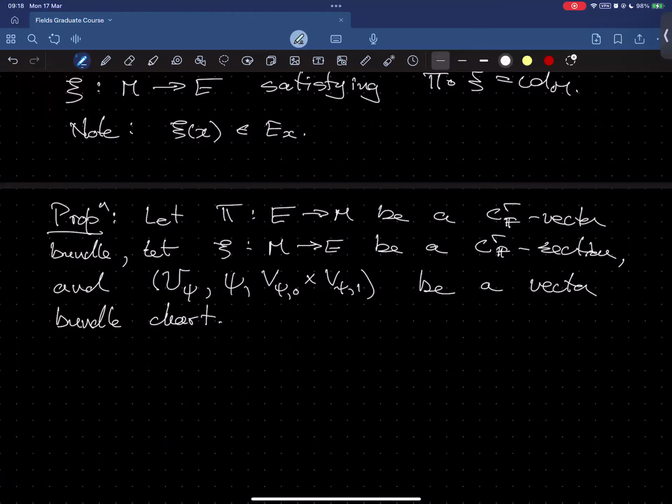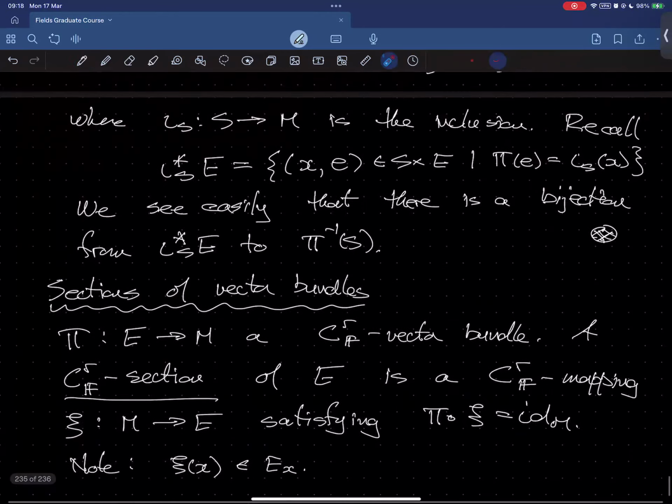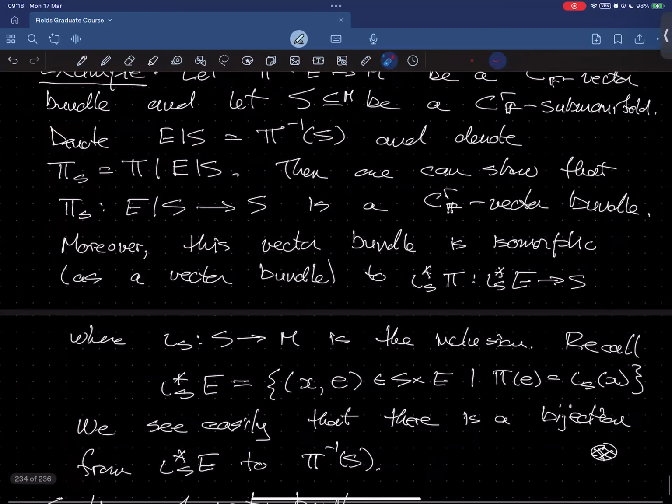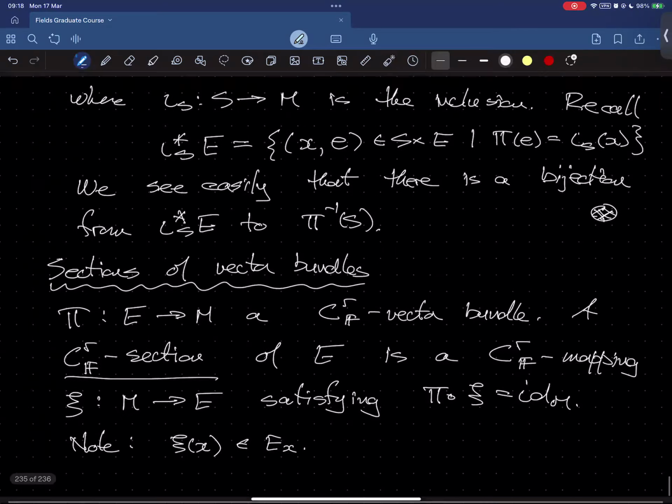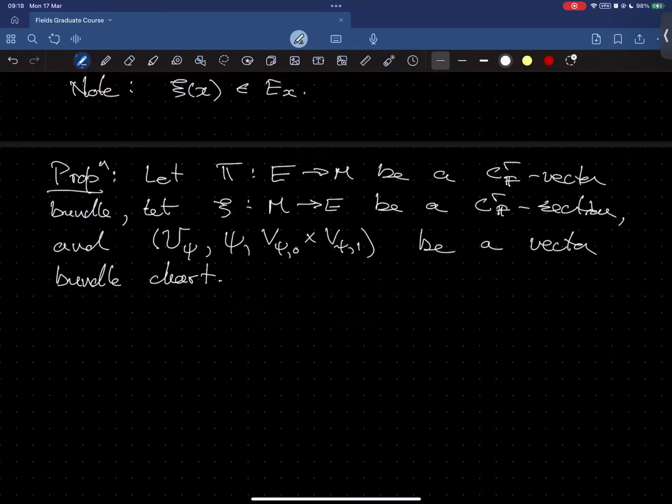As I've said, as I chatted about up here when I talked about how you make this thing into a vector bundle, I told you, and we've talked about it several times now, that if you have a vector bundle chart for E, this induces in a natural way a chart for M. If I said there's a vector bundle chart for M, then that was a mistake.